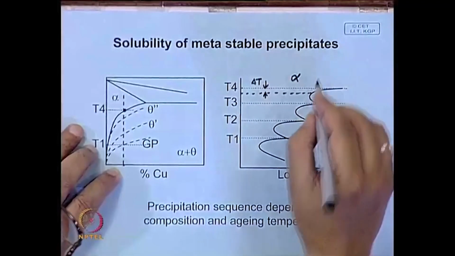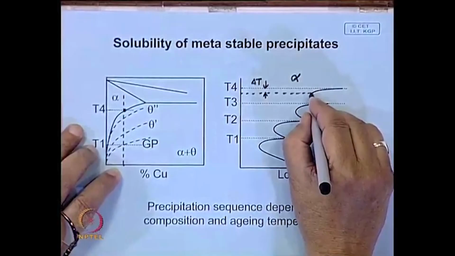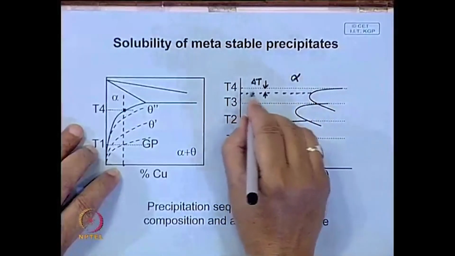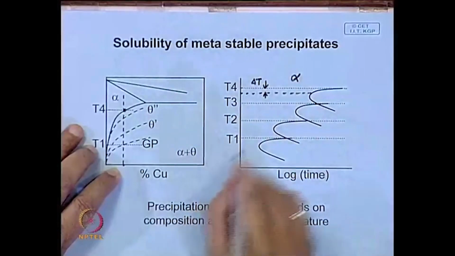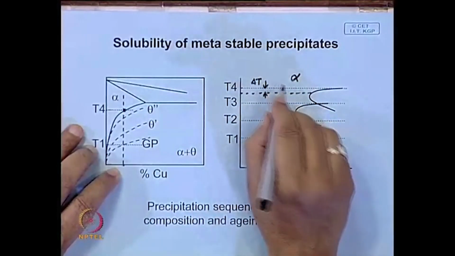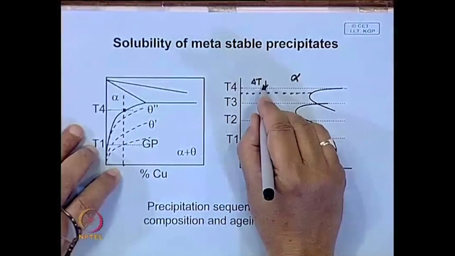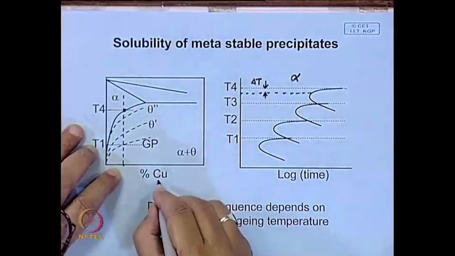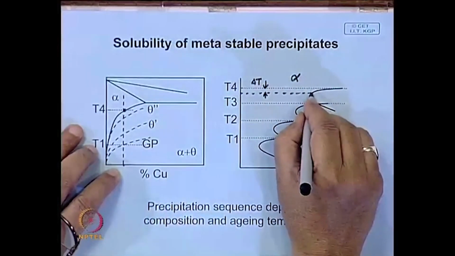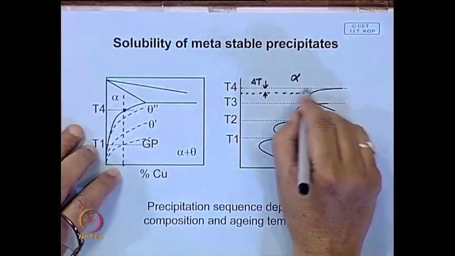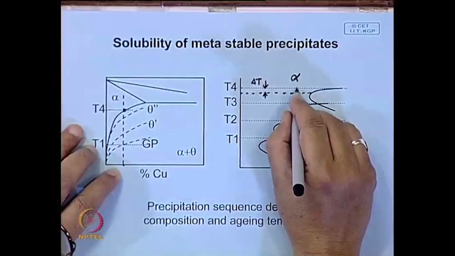Therefore, nucleation becomes favorable, and the kinetics will be determined by the movement of atoms to form the precipitate. You have to give time for the atoms to move, let us say copper atoms to move in the aluminum lattice, and this is a process of diffusion. And diffusion, we know, the higher the temperature, the higher the rate of diffusion.